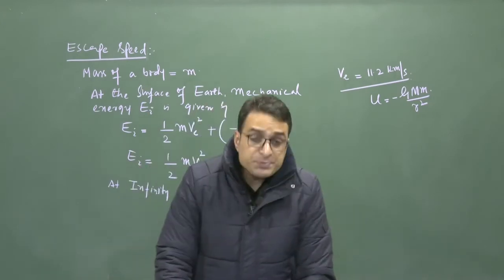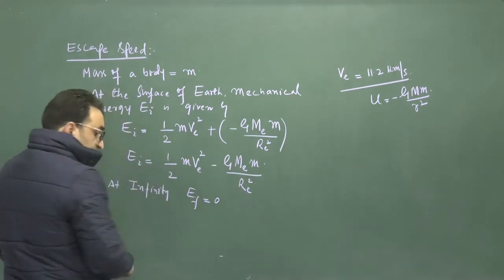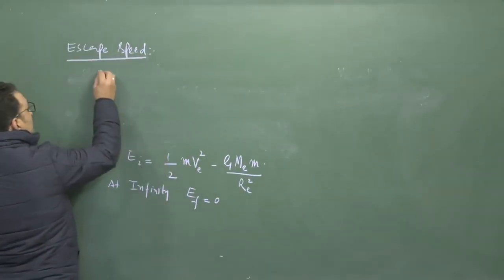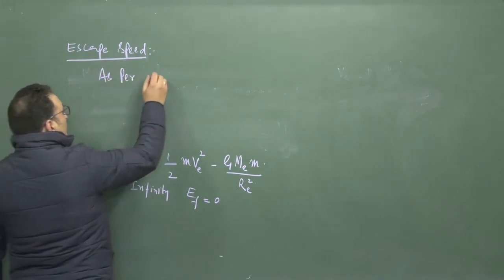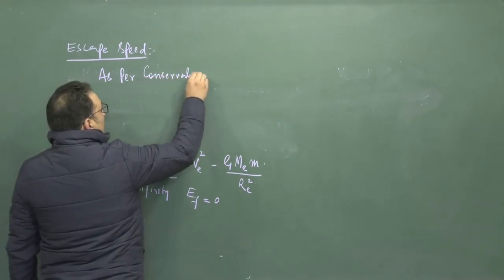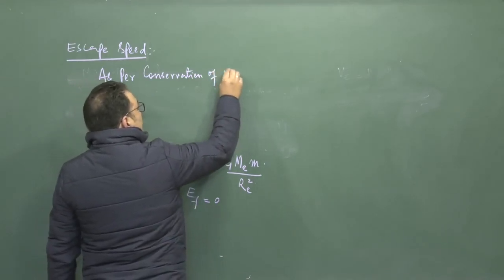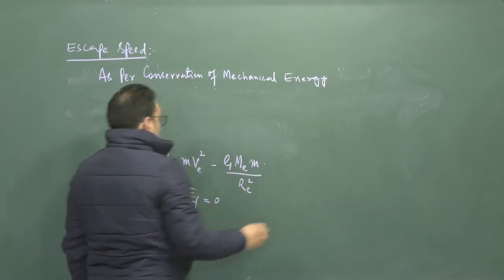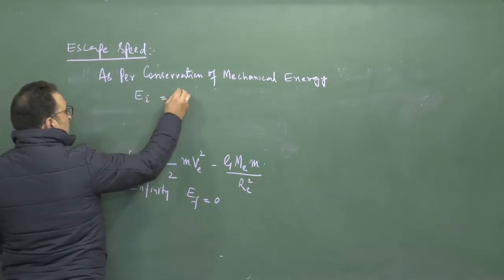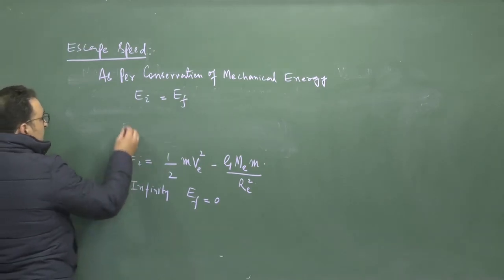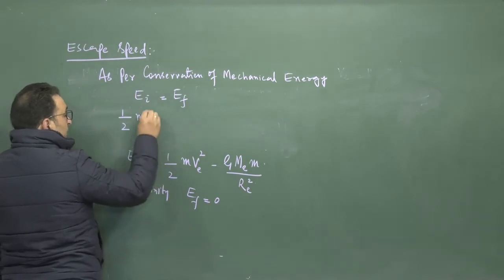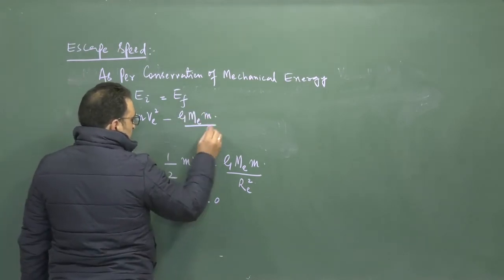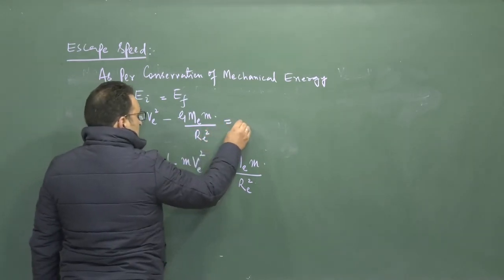Now, as per the conservation of mechanical energy, we can write E_i equals E_f. Since E_i is equal to half of m v_e square minus G M_E m by R_E, this must be equal to 0.